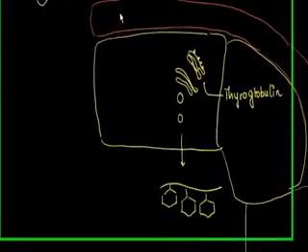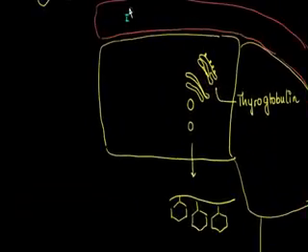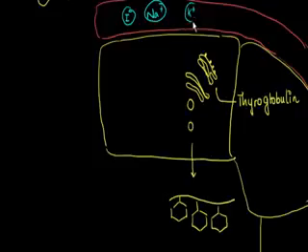Now, let's come to the blood vessels here. In the blood vessels, we have iodide ions, sodium ions, and potassium ions. At the membrane of the follicular cells, we have the sodium iodide transporter protein.